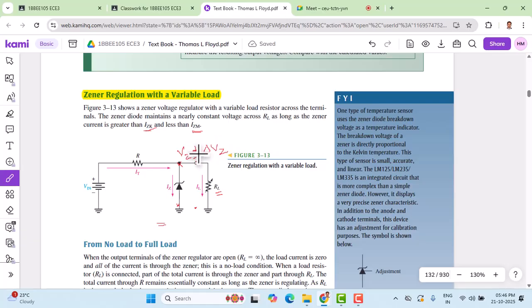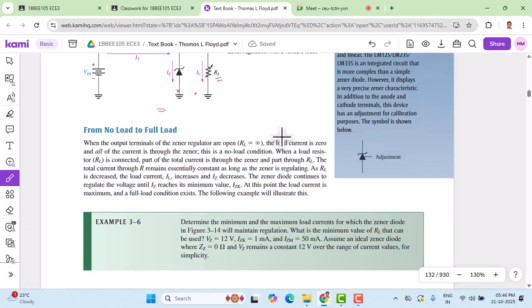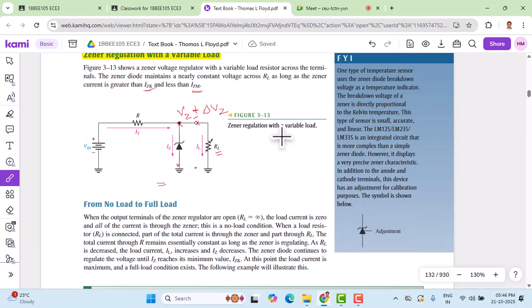Okay, that is the Zener regulation with variable load, and with no load it means we have to make the resistance infinite. When the output terminals of the Zener regulator are open, it is an open circuit. There is no resistance here; RL becomes equal to infinity.